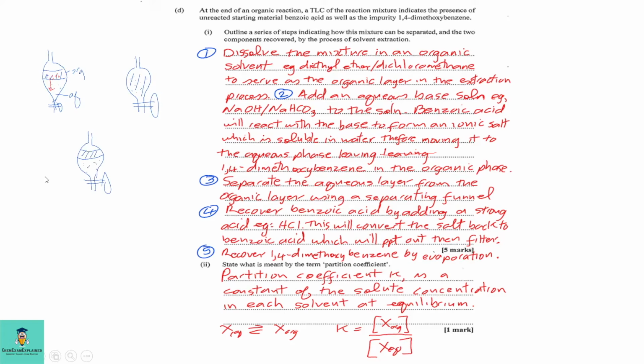And of course, we'll have some of the solute being transferred to this aqueous phase. Some might be left back. And of course, you might have to do another extraction to remove the rest. But this is just an example to show you what is going on. So this is what is taking place for the steps and for the definition of the partition coefficient.